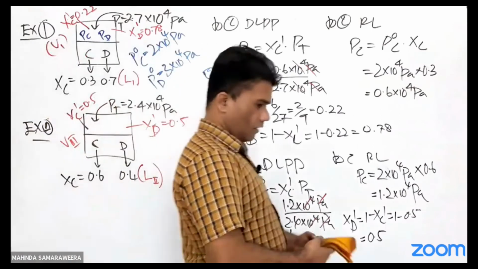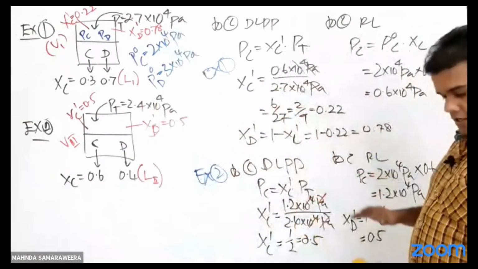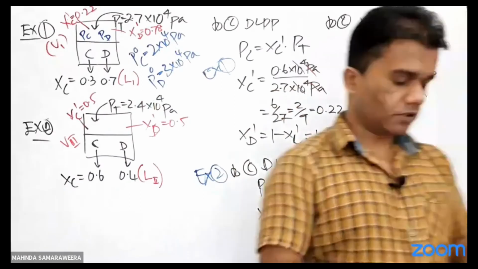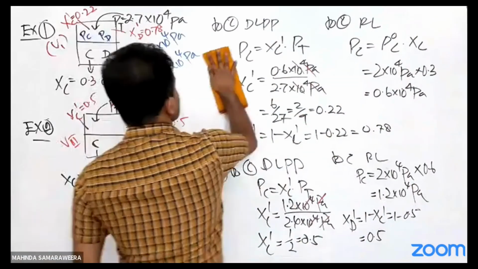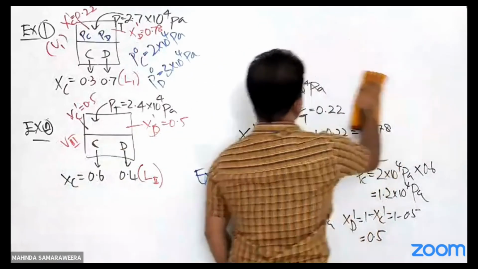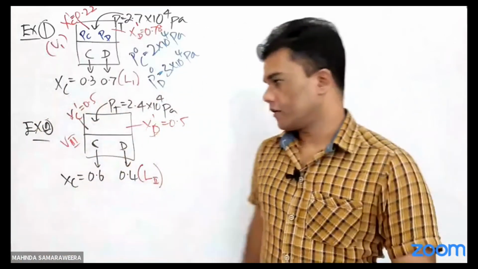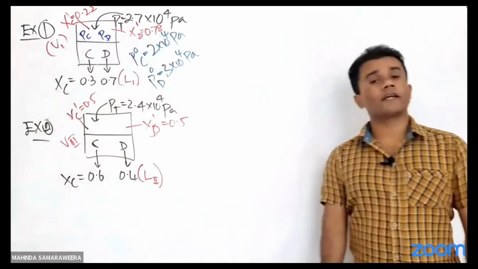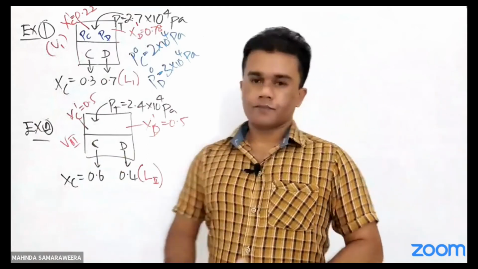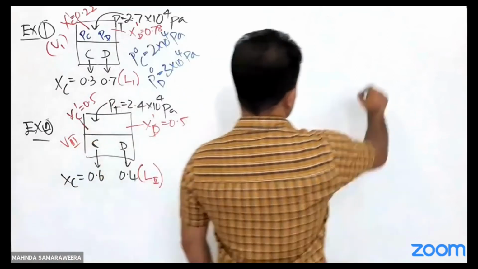So I have all the information we got here. Then I erase all this part to draw the diagram, the graph. Vapor pressure composition phase diagram. About 1 hour ago, I explained that graph. I'm going to draw that one now.